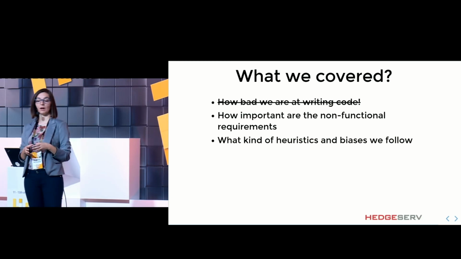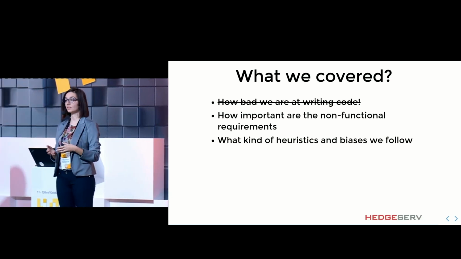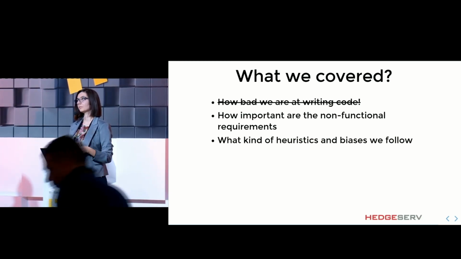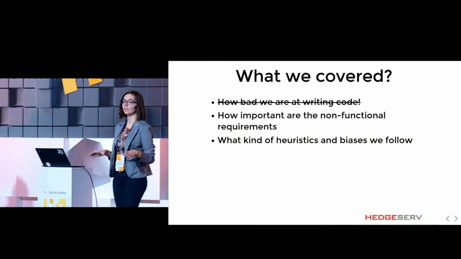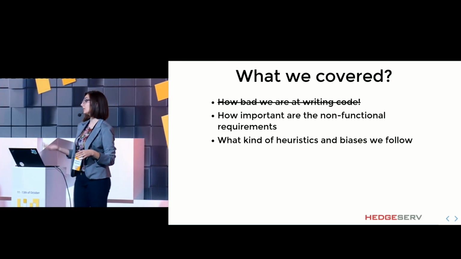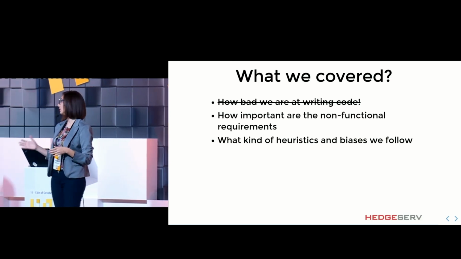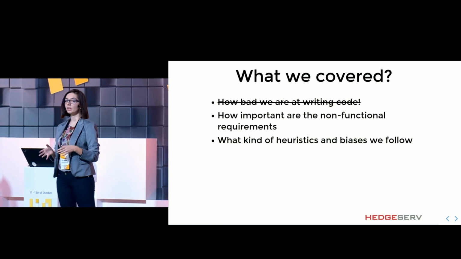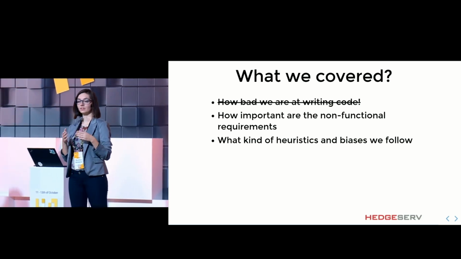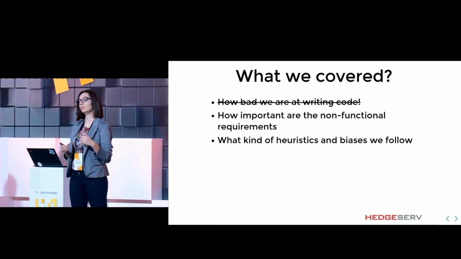Then we talked about different heuristics and biases that developers, and not just developers, all people follow when they have to make a decision. In our case, a design decision. Where should we look and how to approach our problem? However, it's pretty hard to understand when you're following these biases.